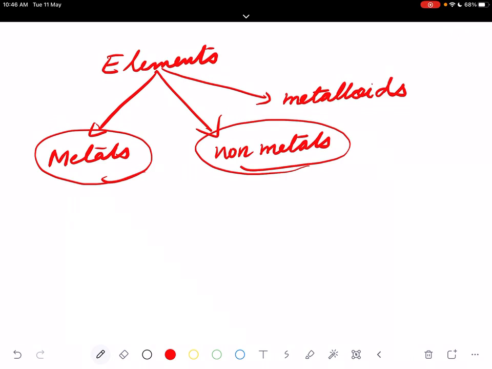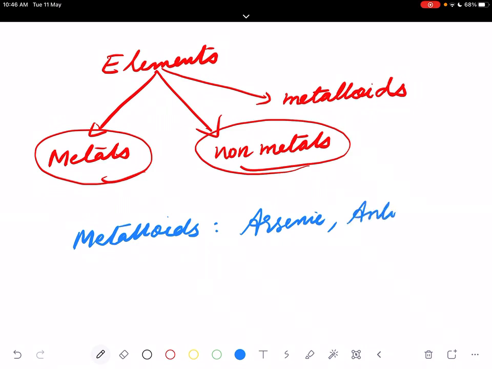Some common examples of metalloids are arsenic, antimony, bismuth. These are metalloids. They show the properties between metals and nonmetals.